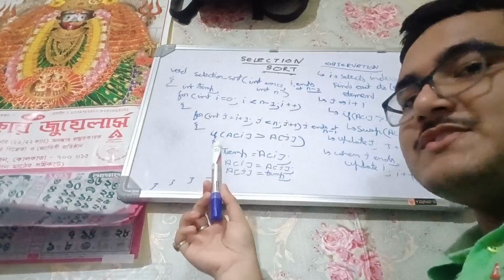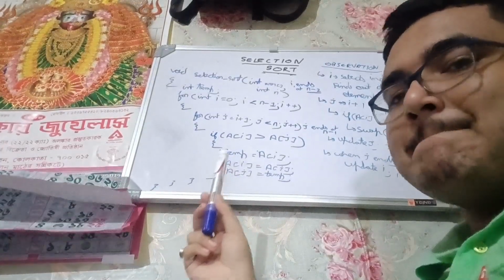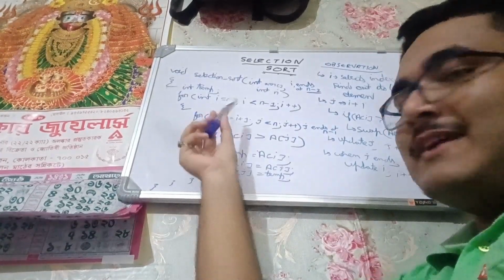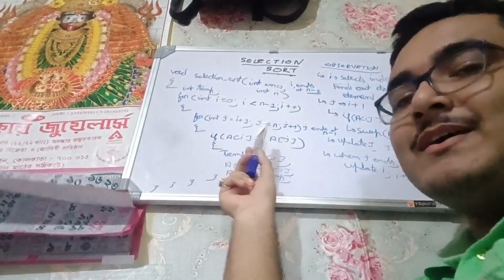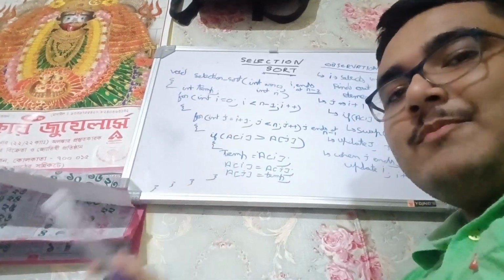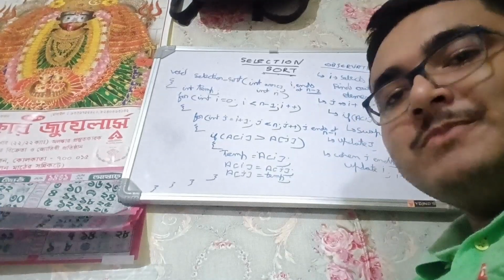Okay, so this was your code for selection sort. I travels from 0 to n minus 1, then j from I plus 1 to n. Now talking about the time complexity of this code.